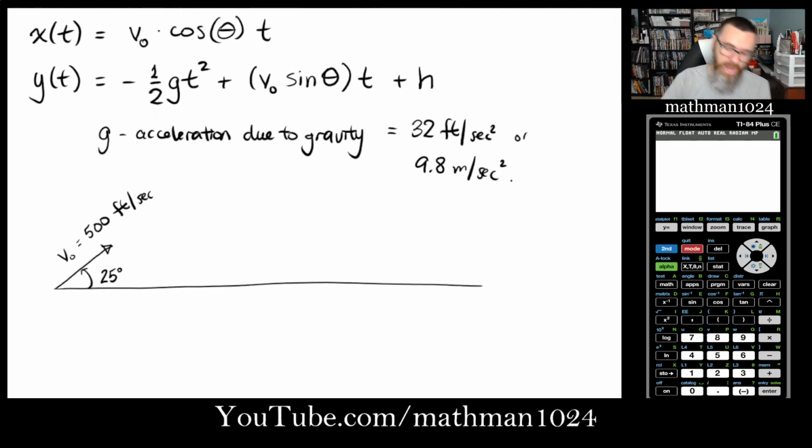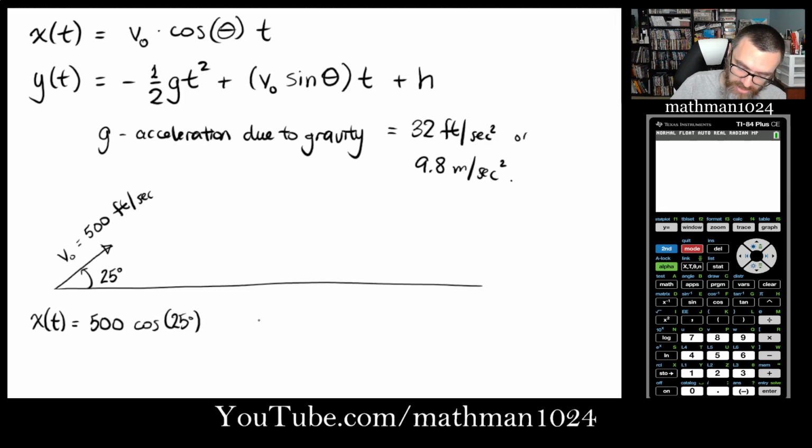All right, so our parametric equations will be this. X of t is going to be our initial velocity, so 500 times the cosine of 25 degrees times t, and for the vertical, it's going to be negative 1/2 g.